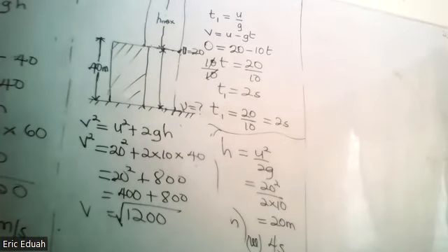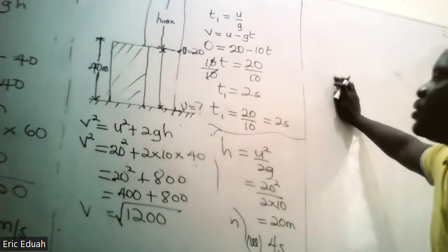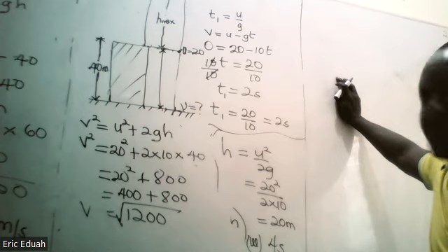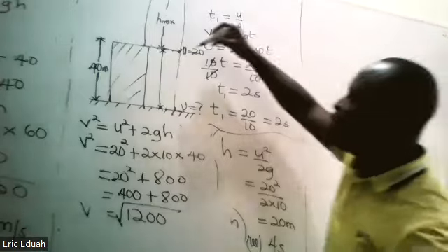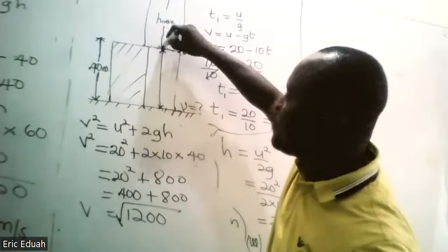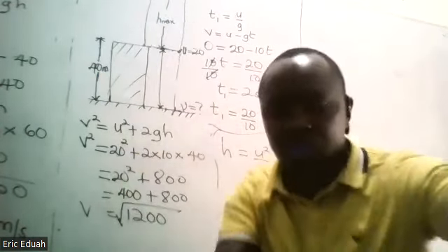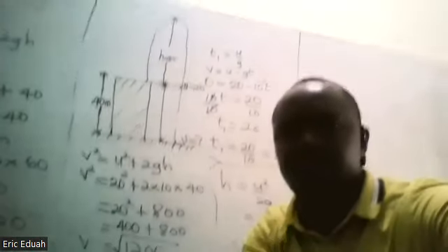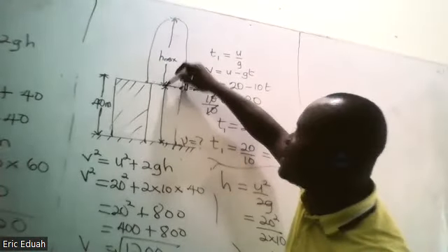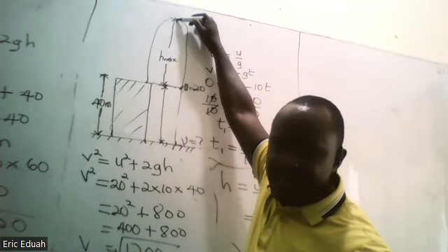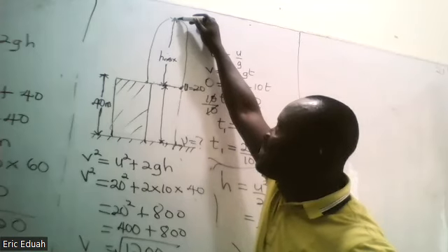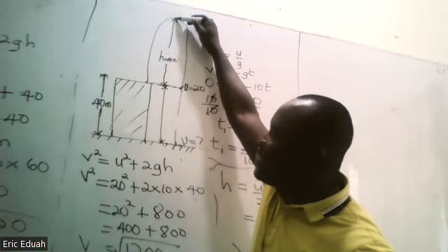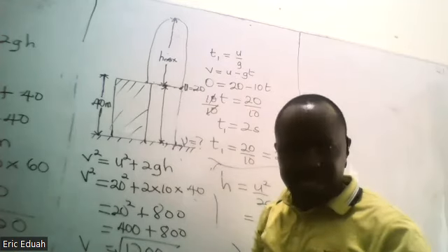All right, so the time of flight. Two ways. The first method is that we know the time from the point of throw to the maximum height, and that is 2 seconds.